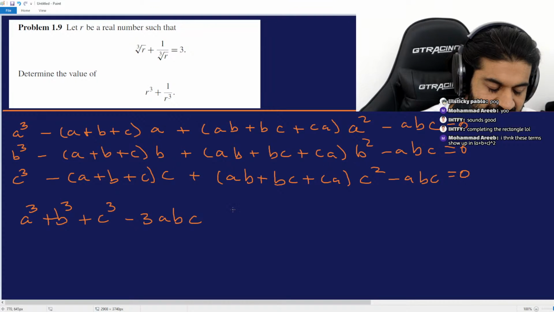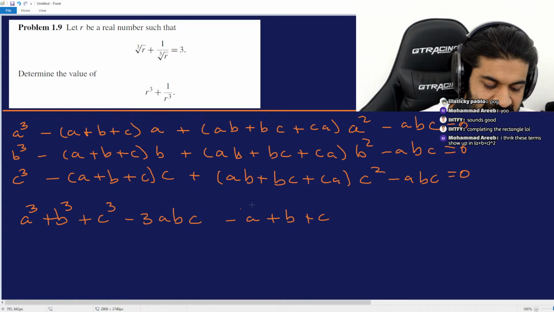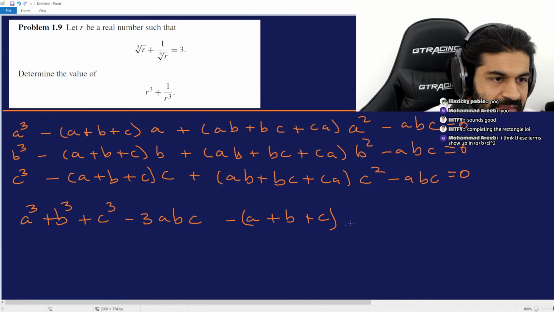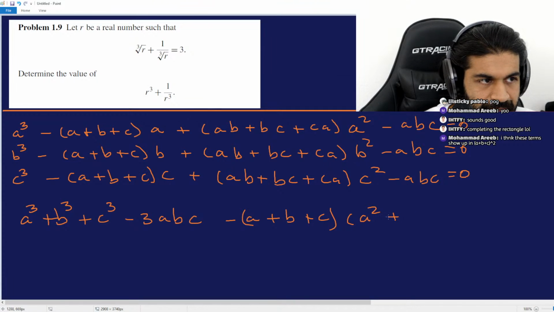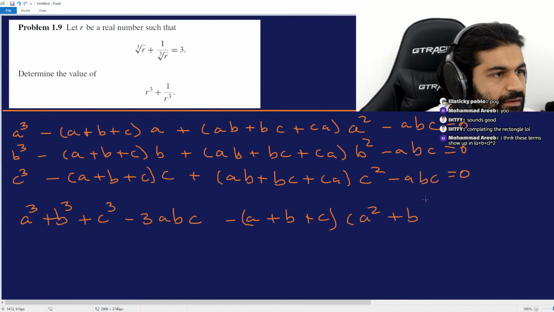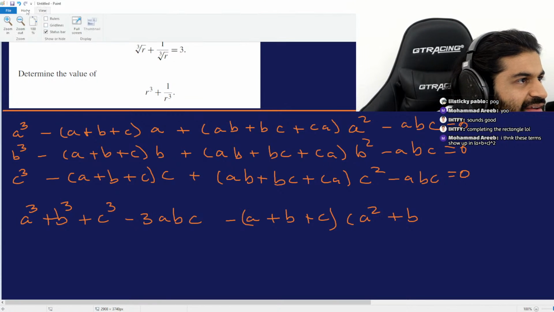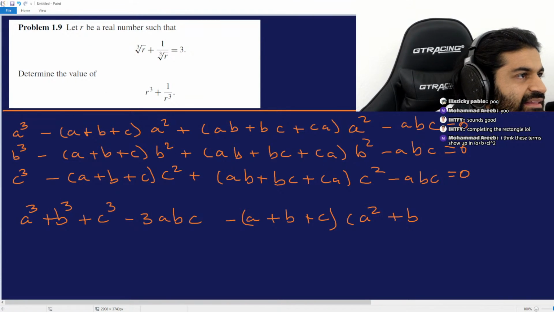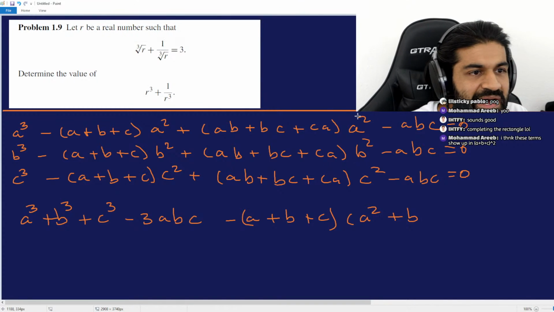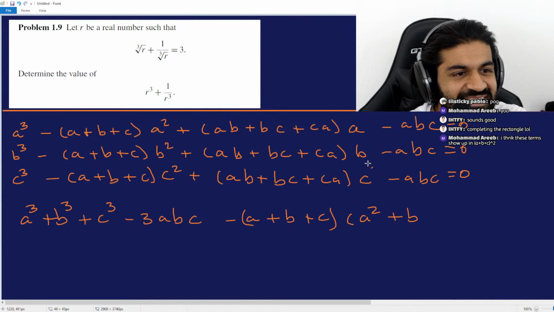And then minus (a plus b plus c) times a squared plus b squared plus c squared. Oh, I messed up. These should be squared, and these should not be squared. My bad on that front. Sorry about that. Let me know if that confused anyone.